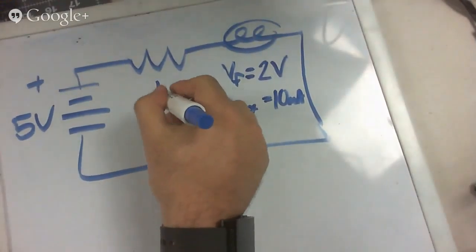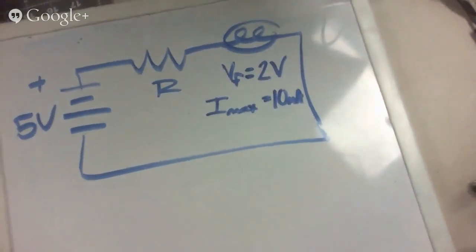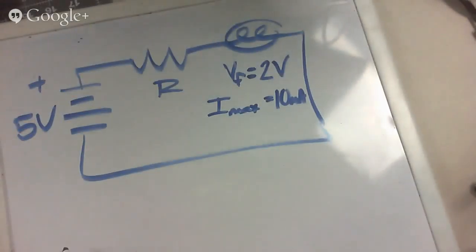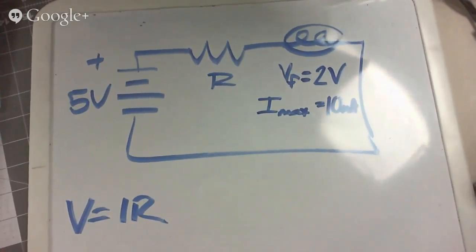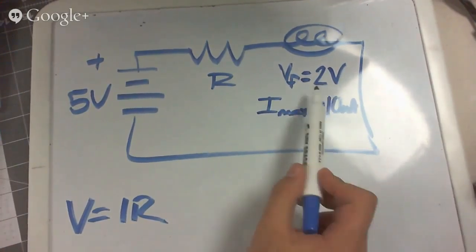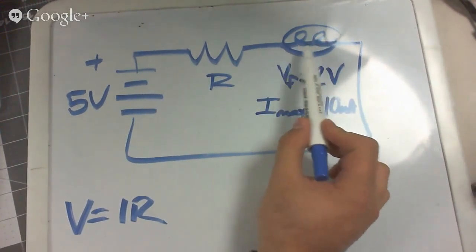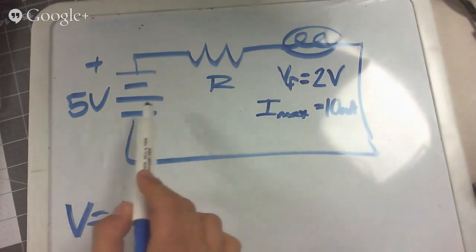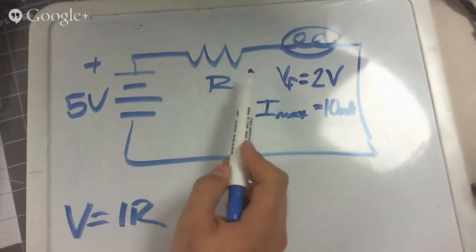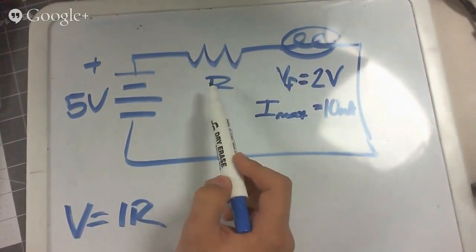So solve for R, as they would say. Going back to my equation, V equals IR. If I know that 2 volts is going to drop over this light, and my source has 5 volts, how much voltage is going to drop over my resistor?